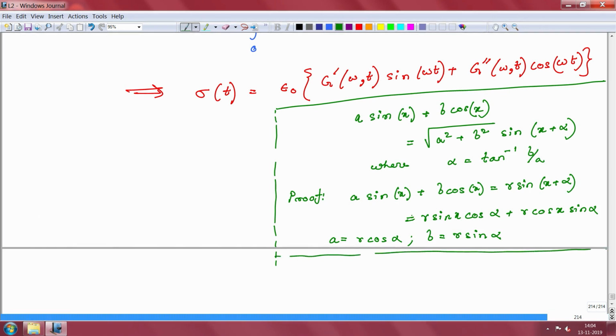So, from this we can see that this particular quantity probably can be written in a more simplified form, right. Okay.